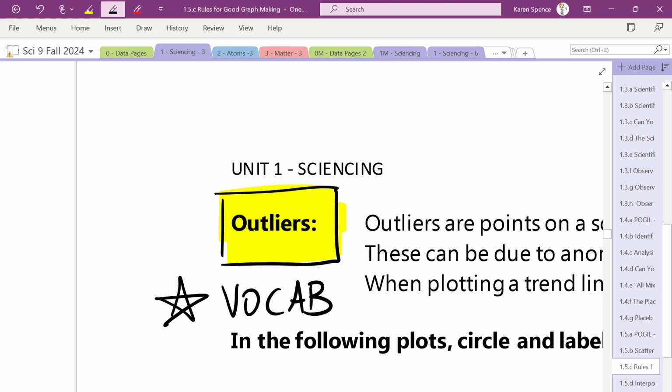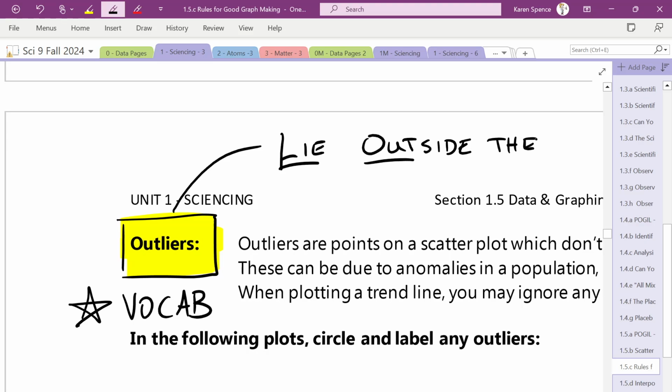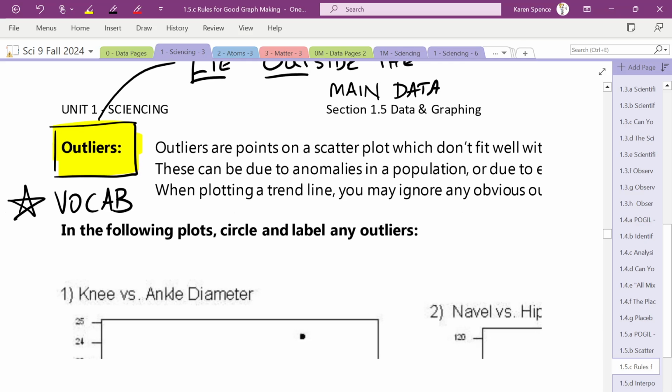Outliers, shockingly, lie outside the main data. Okay, they lie outside the main data.